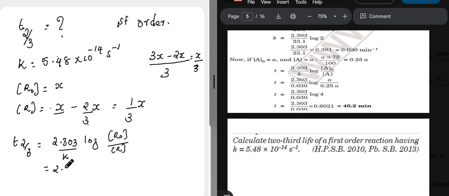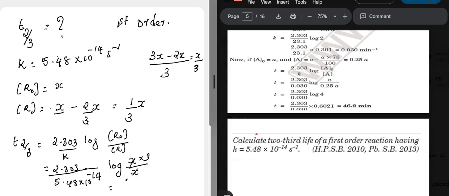Okay, 2.303, k's value substitute 5.48 into... when I'm taking this, you can pause the video and do the substitution and check whether you are thinking in the right way. So x divided by x by 3, that 3 will go to the numerator. So log 3 will come.